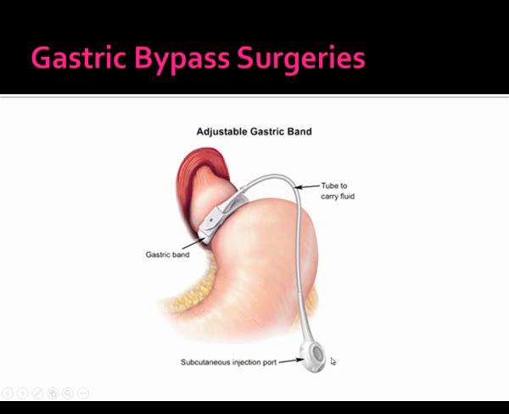So the doctor has control over this, not the patient, and then the doctor over time will start to relieve some of the fluid from here, the saline, which will release some of the pressure on here and allow this compartment to get bigger. So as you're gradually losing weight, they'll start to take some of that fluid out so that you start to get your stomach back. So you eventually get your stomach back.